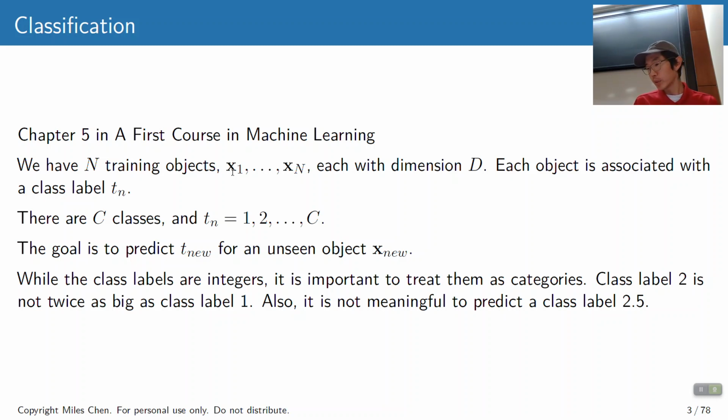Again, what's very important to remember is that these are categories. Even if our categories look like numbers, like category 1, category 2, category 3, they are not numbers. It is not correct to say category 3 is higher than category 2, which is higher than category 1.